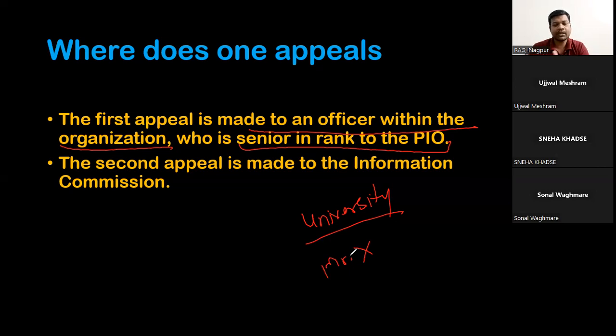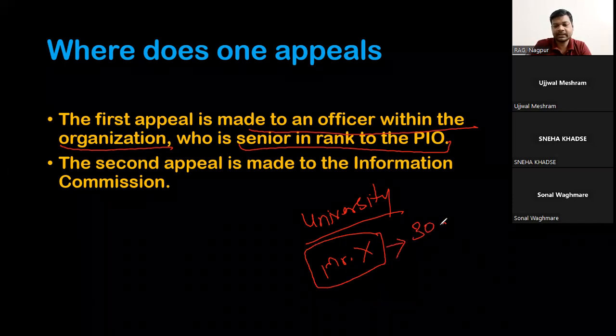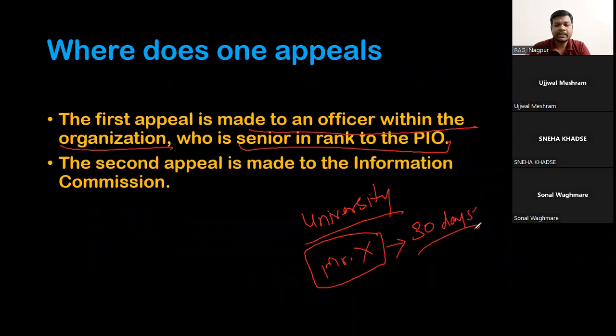This is in written form, or you can directly go to the RTI portal and file your complaint there with this Mr. X. Now, if this Mr. X did not give you the information within 30 days, or he has rejected the information, saying that I cannot provide you with this information, what you can do is go for a second appeal.